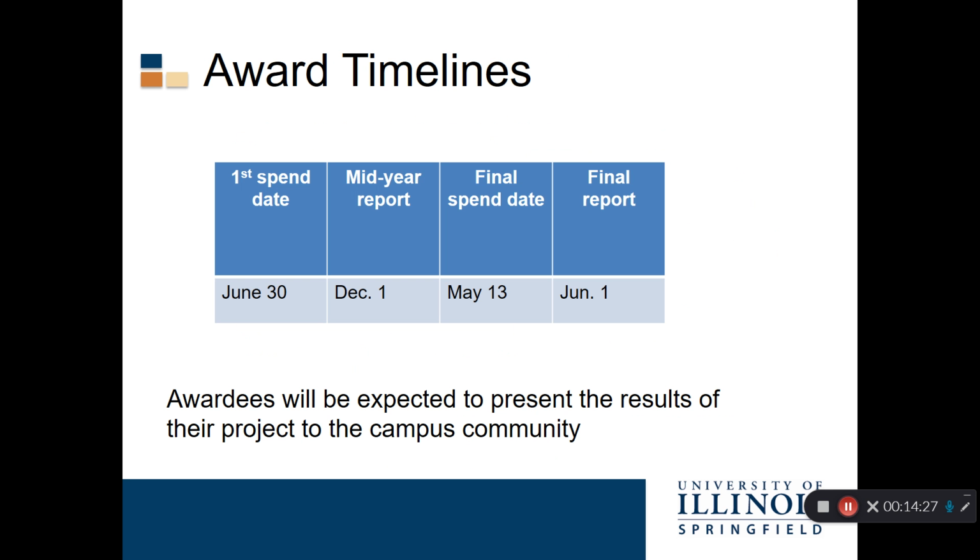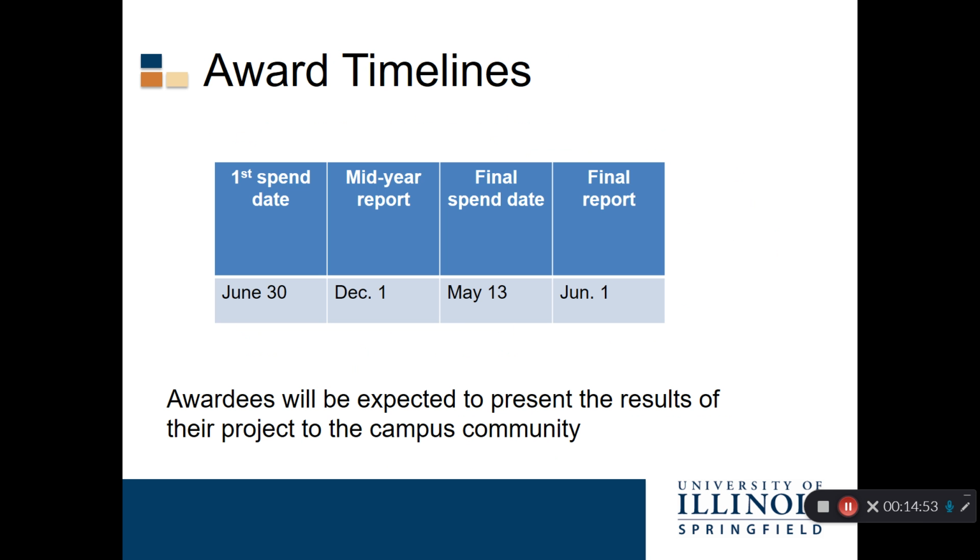And then if you are awarded, this comes out of our fiscal year budget. So there are actually 2 deadlines. There's a June 30th deadline and a May 13th deadline for spending the funds. This happened to me: I spent funds before June 30th, did not report them, therefore, out-of-pocket expenses.